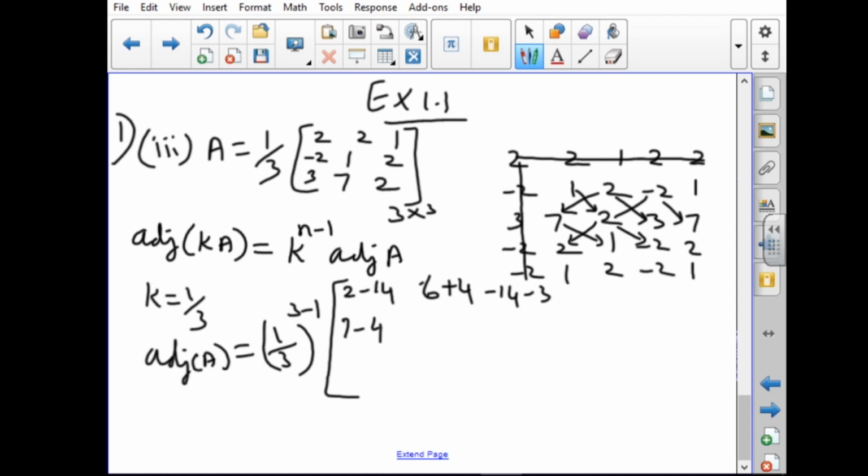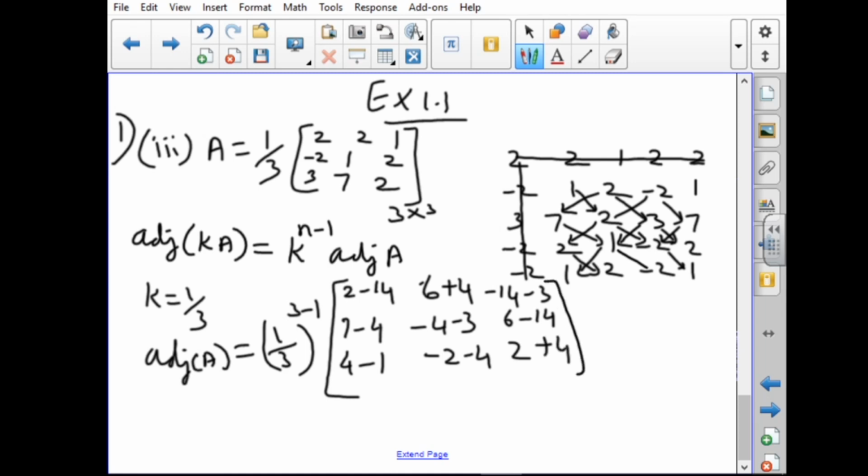Then minus 4 minus 3. 6 minus 14. 4, minus 1, minus 2, minus 4. 2 plus 4. And the whole transpose.